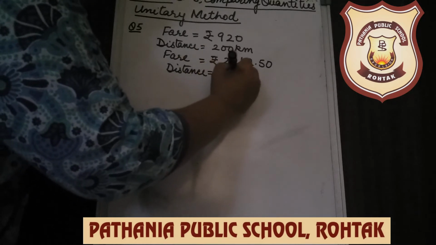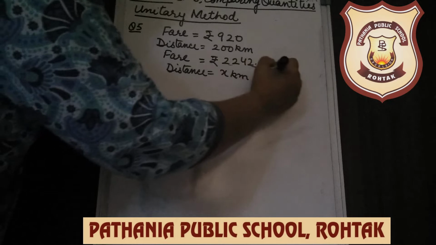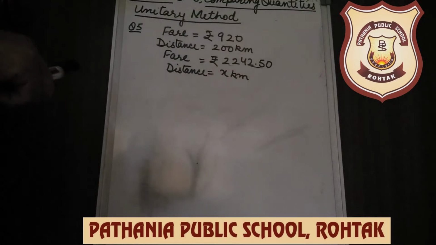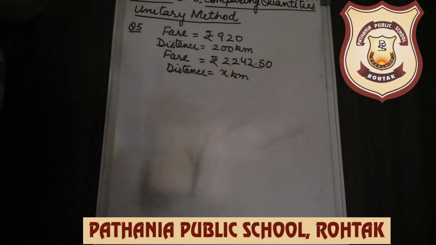Means how much distance is going to be covered with this money. With this money you know that 200 kilometers is covered, but with this money how much distance will be covered, this you have to find out.